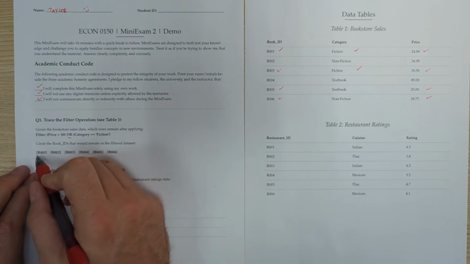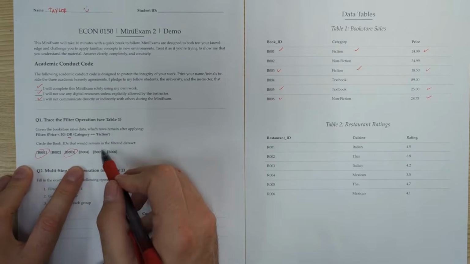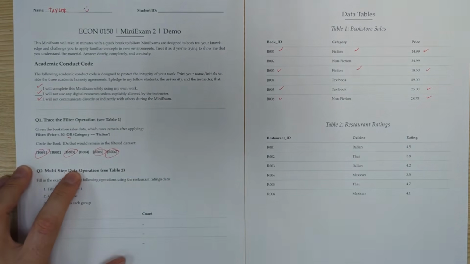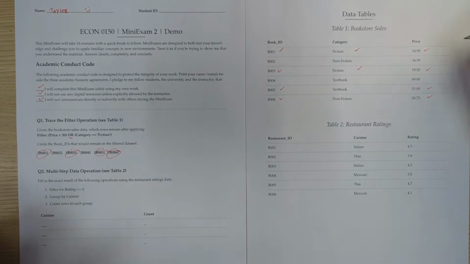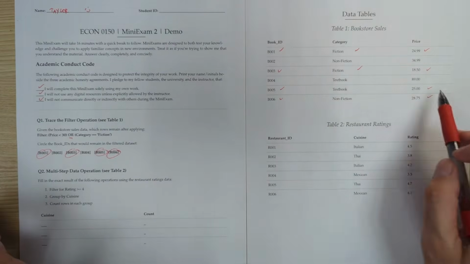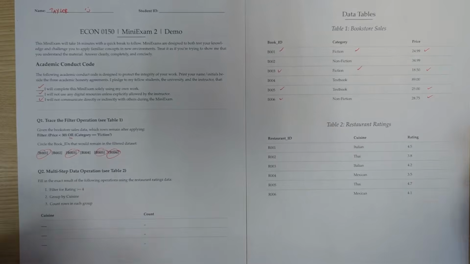So this is 1, 3, 5, and 6. This is selected or this is selected, so this one would be selected. And then these are also selected because this is selected or this is selected. Okay, so that's the first question.